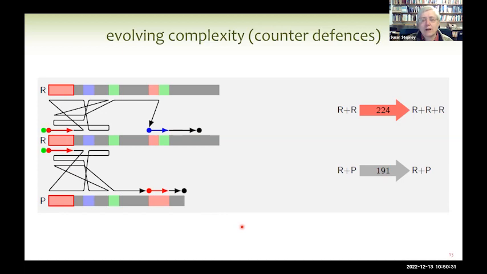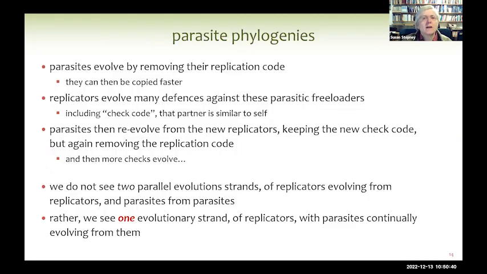And as time goes by, things get more and more complex. So what we have here is that the way these parasites actually evolve is essentially by removing the code that allows them to replicate.